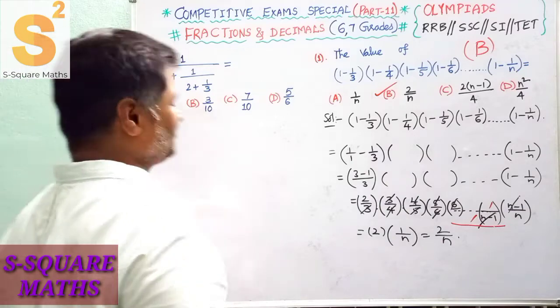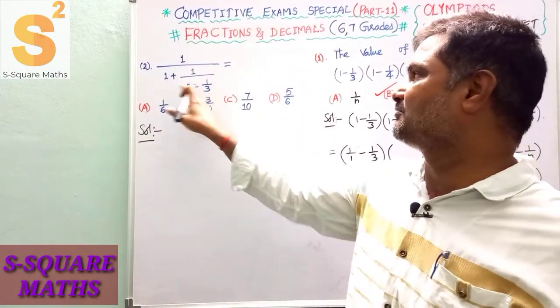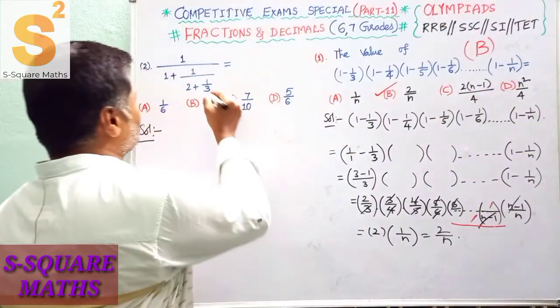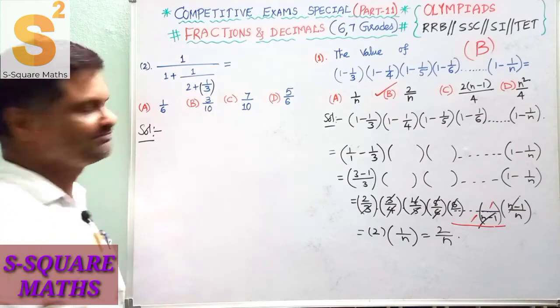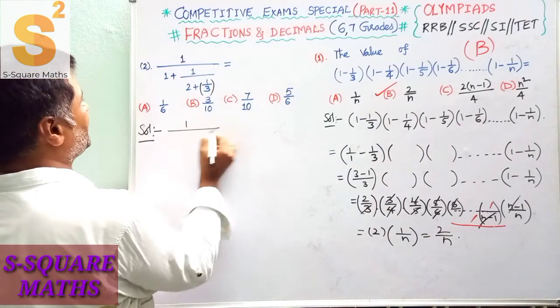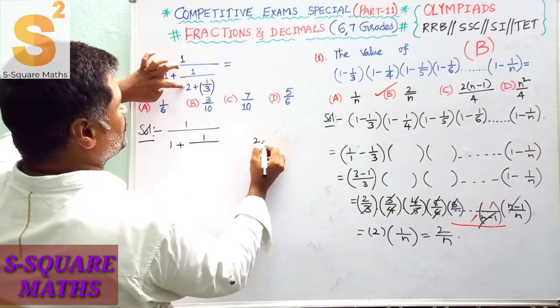If you observe carefully, it is a continued fraction: 1 by 1 plus 1 by 2 plus 1 by 3. So consider the bracket here, it's better. Here I am writing 1 by 1 plus 1 by, okay, here 2 plus 1 by 3.